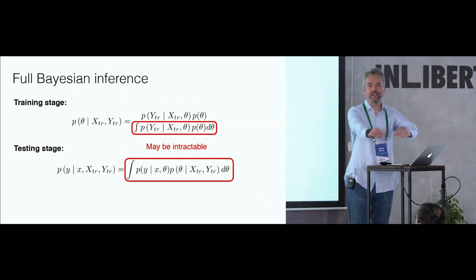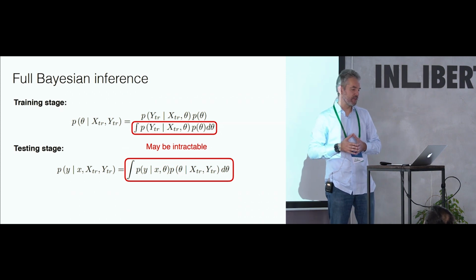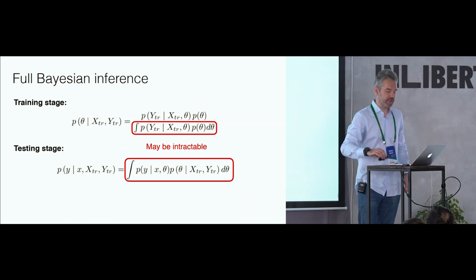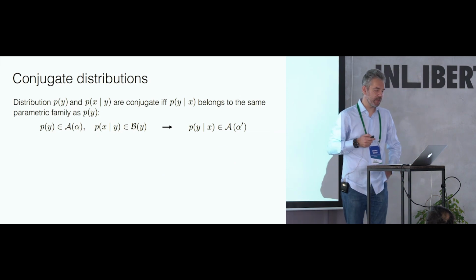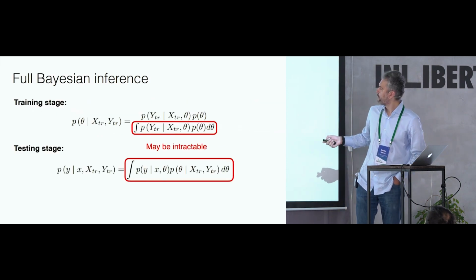And this is a case known as conjugate distributions. By definition, parametric families for the prior and for the likelihood are called conjugate if the following holds true.